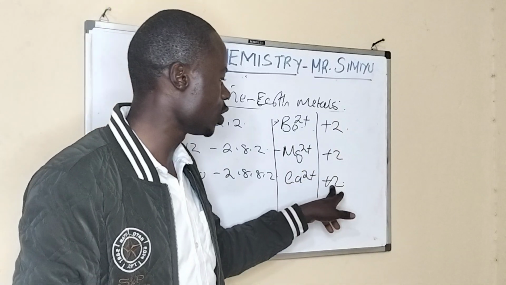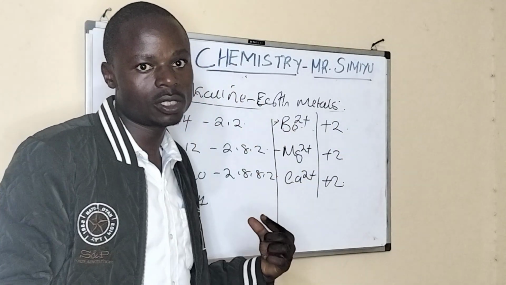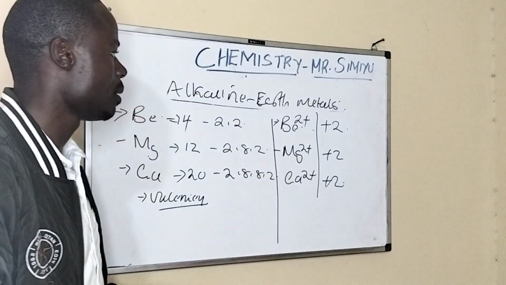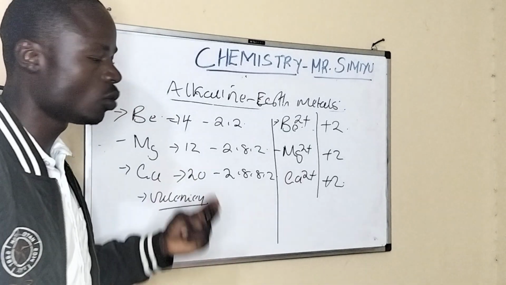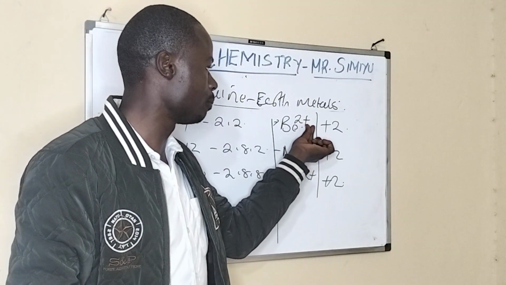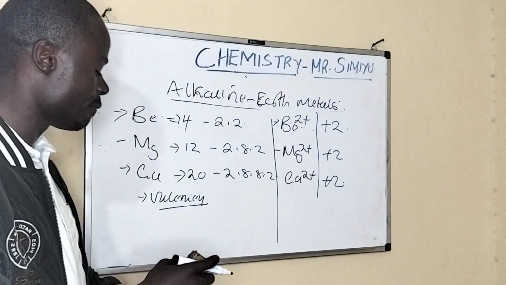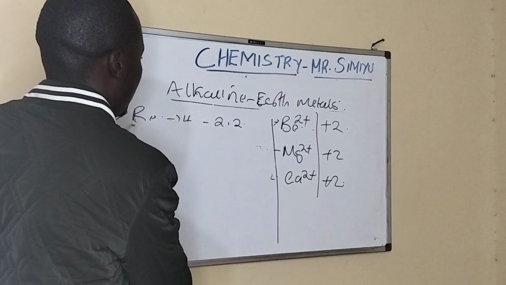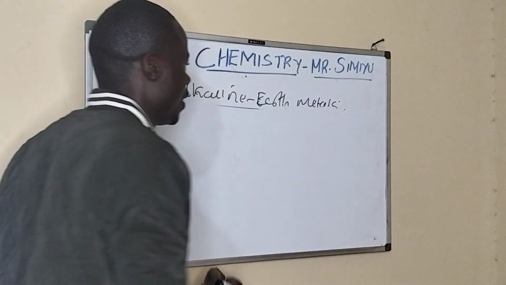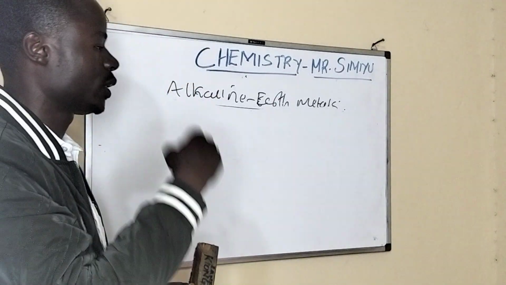And we have said that, to conclude, in alkaline earth metals these elements form a divalent cation by losing 2 electrons. Those 2 electrons lost, that is the cation. Positive is the cation charge, while 2 is the divalent. So let's look at the physical characteristics of these elements. Physical characteristics are what you see, what you touch, and how you feel those elements.